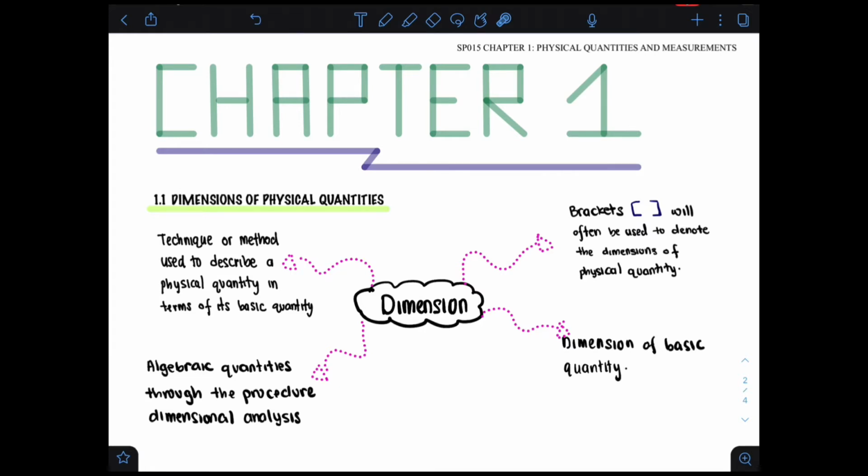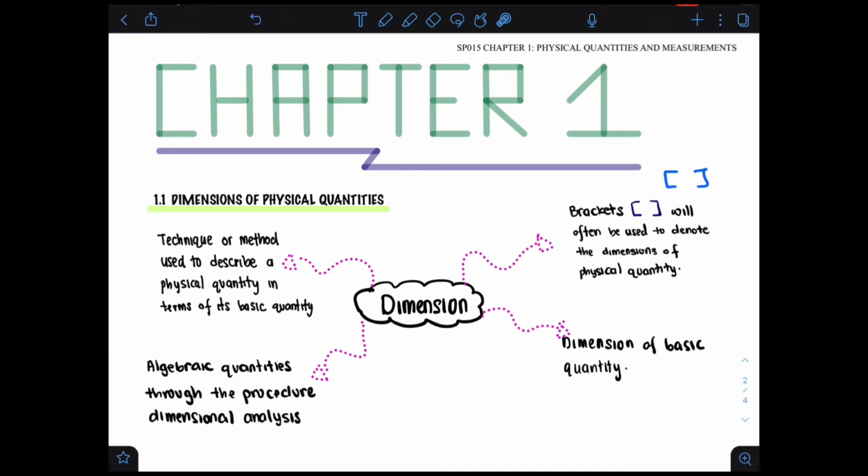Okay, and then a bracket, this type of bracket, a sharp end, will be often used to denote the dimension of a physical quantities. So to associate any dimension, we use this type of brackets here.